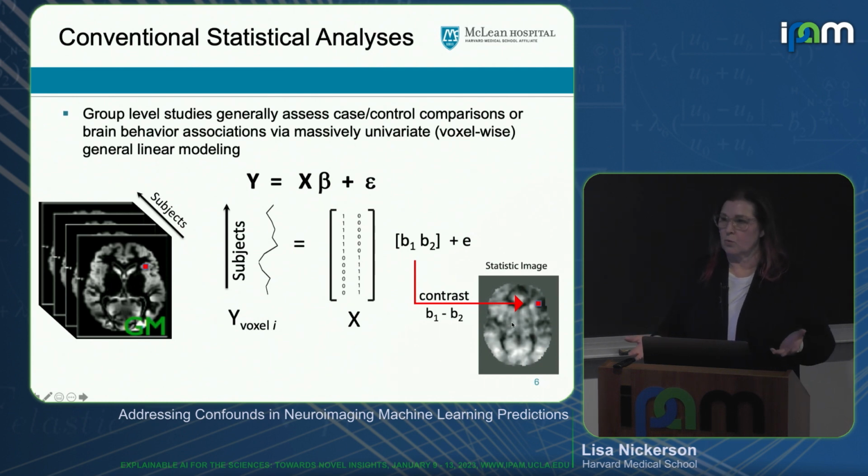So this has really been the workhorse of fMRI analyses and of structural MRI, comparing gray matter volume between groups and so on.